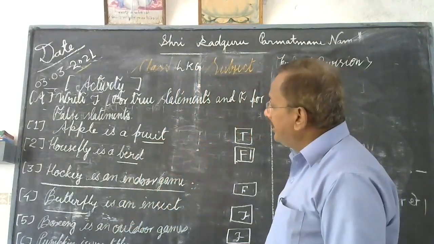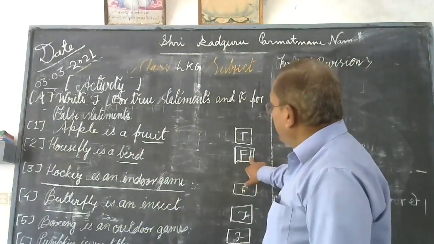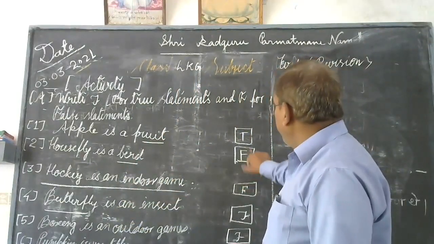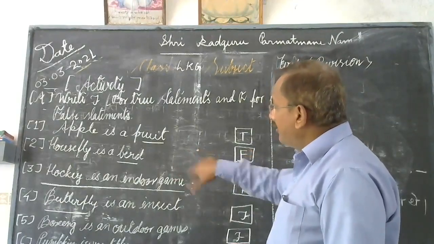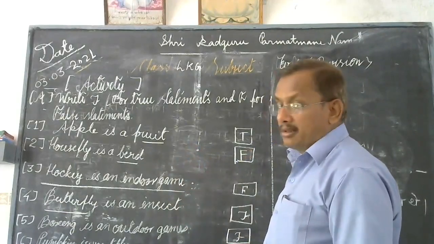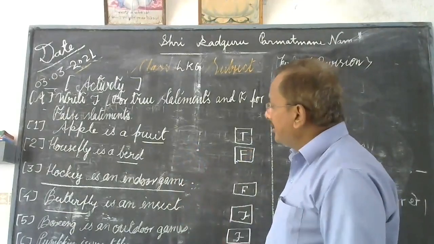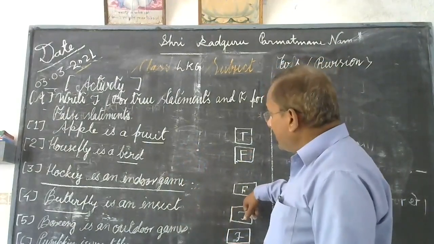Next sentence is given: Housefly is a word. We will put F here because housefly is not a word but an insect. It is an insect. Okay.